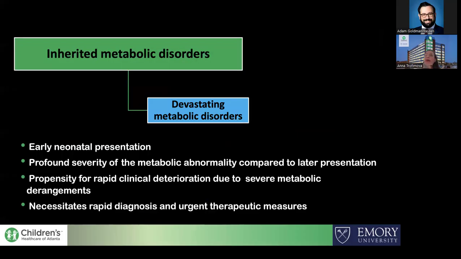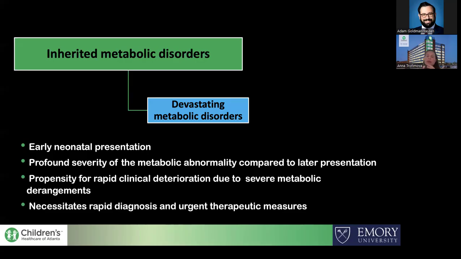A few words about inherited metabolic disorders. Under the umbrella of inherited metabolic disorders, which is a huge group, there is a subgroup known as devastating metabolic disorders. Those metabolic disorders have presentation in the early neonatal period.